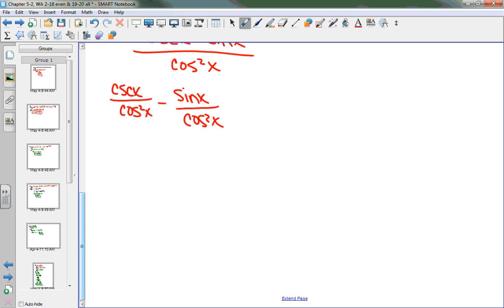Cosecant again? So this is going to be 1 over sine divided by the cosine squared of x, minus sine of x over cosine squared of x.